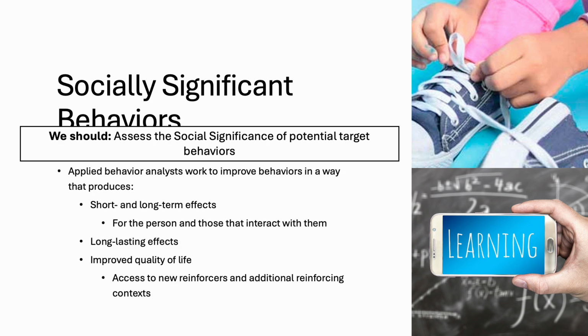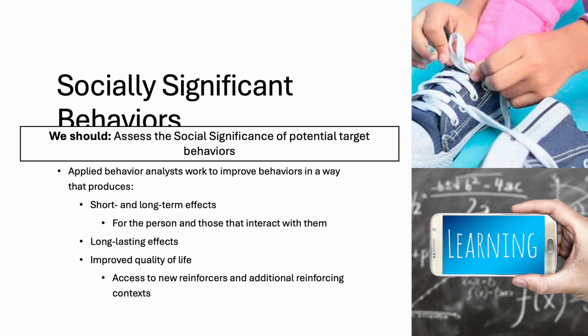They'll be able to sustain social interactions in the future, communicate effectively, maybe potentially work independently at their workplace. Whatever it might be that you've worked on with them, we want these skills to produce lasting changes. That is one way that a behavior would be considered socially significant. Additionally, it would improve their quality of life, which, what does that mean?